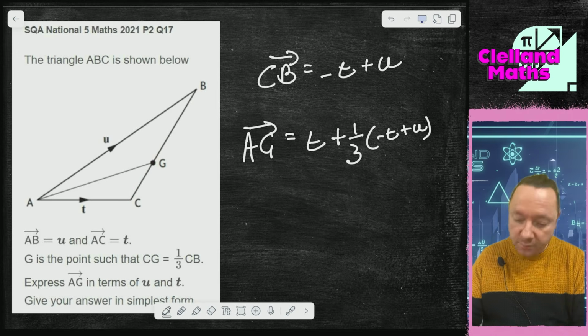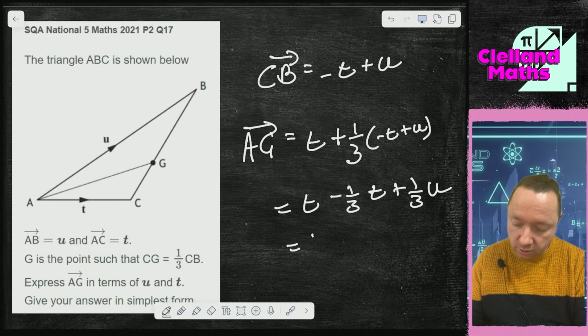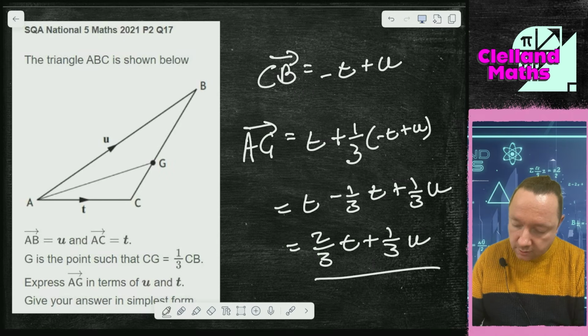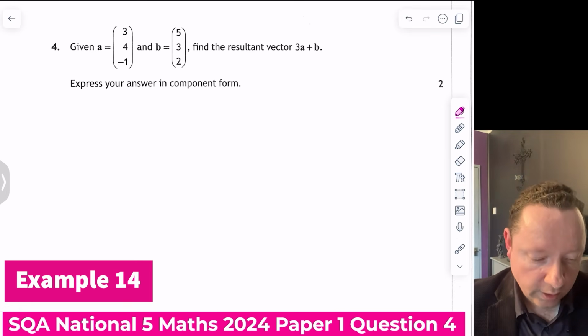And I just need to expand and simplify. t minus a third t plus a third u. 1 minus a third is 2/3, so that's 2/3 of t plus a third u. And we're done there.